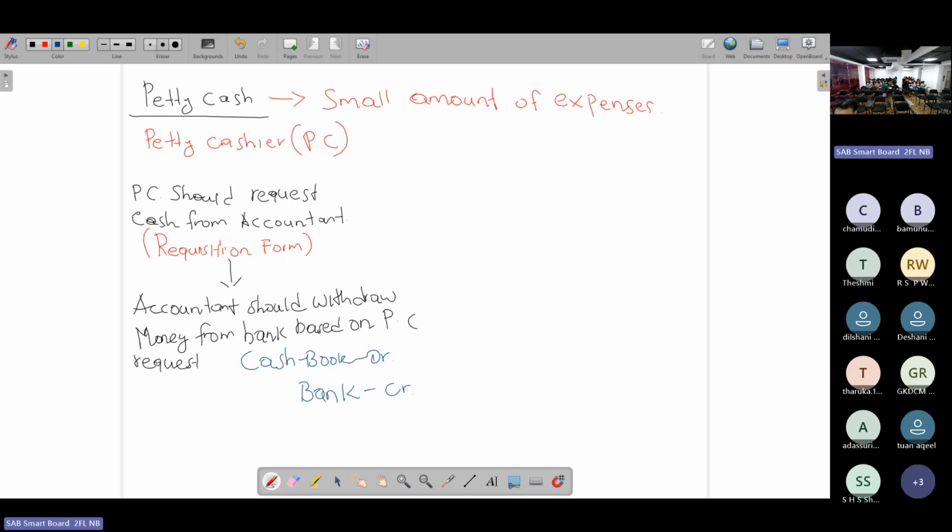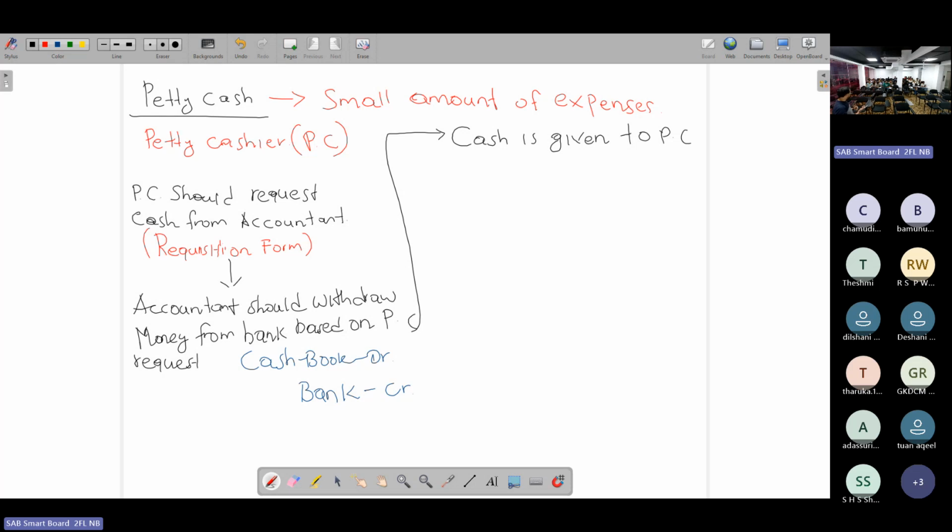So at the time of giving the money, cash is given to the petty cashier.